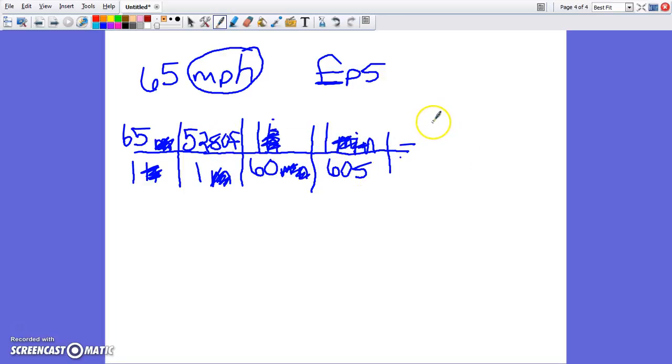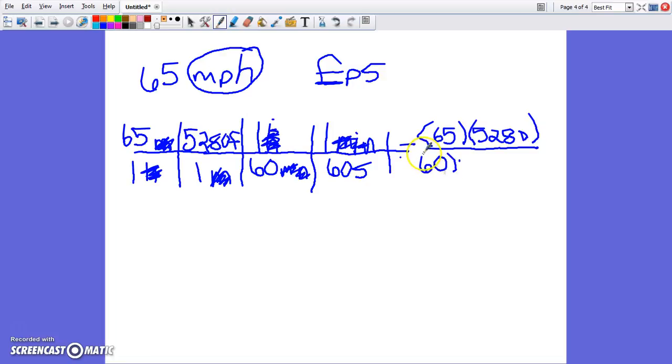So you multiply the numerators together. You're going to multiply 65 times 5280 on the numerator, over 60 times 60, and that's not 605.